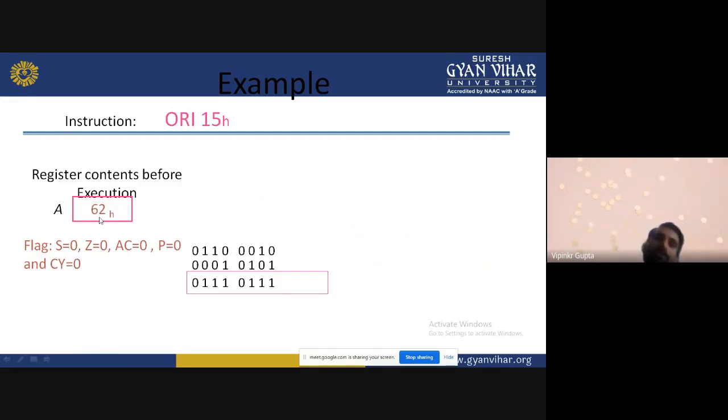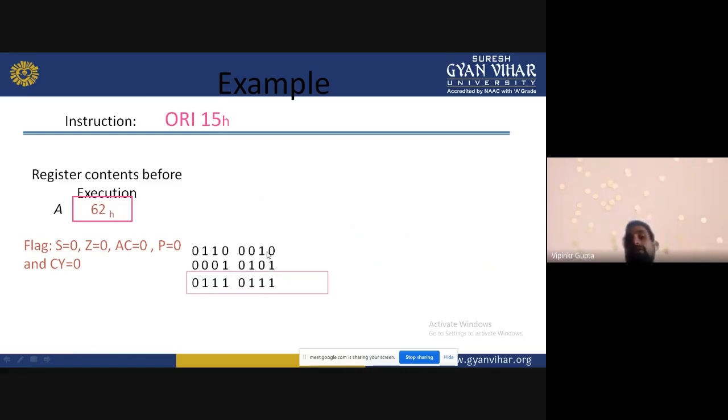First of all, I will convert 62H into a binary number. 6 equivalent is 0110 and 2 equivalent is 0010. Now 15 we are converting: 1 is 0001 and 5 equivalent is 0101.